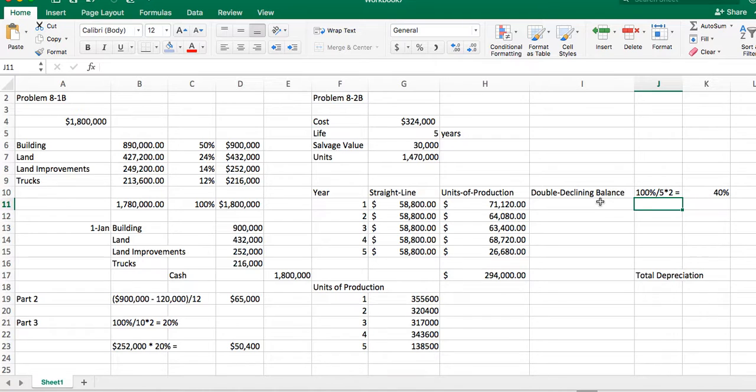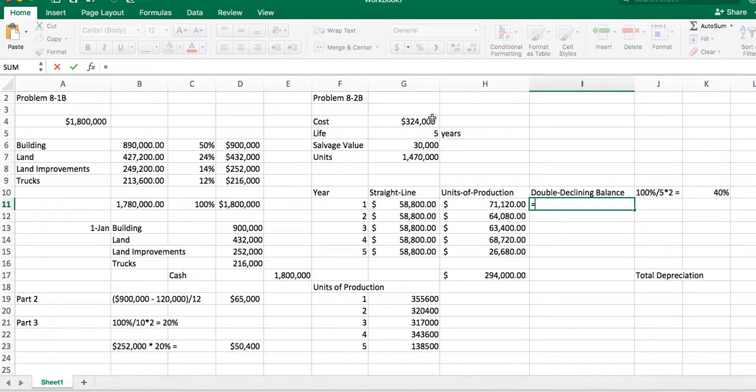There we go, 40%. And so to do that, we take our beginning book value. Now for this one, we don't subtract the salvage value, and you'll see how we account for that at the end of the problem. But we take our book value. Book value is your cost minus your depreciation. And in year 1, there is no accumulated depreciation. So we simply take that times our 40%, and that gives us our depreciation for the first year.